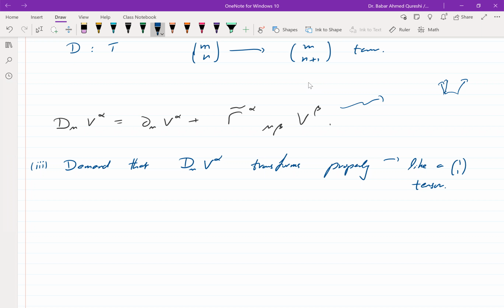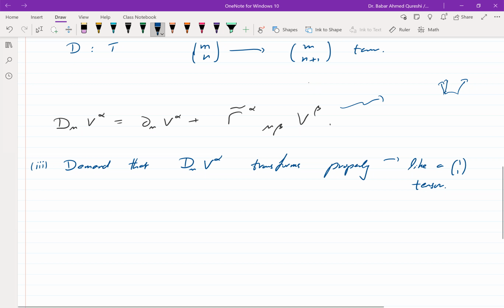So you can argue this form, that is a reasonable form for a covariant derivative from that perspective as well. Let me not repeat that over here, but you should definitely go and look in the notes. We discussed it in much detail last time. So this is what we want.